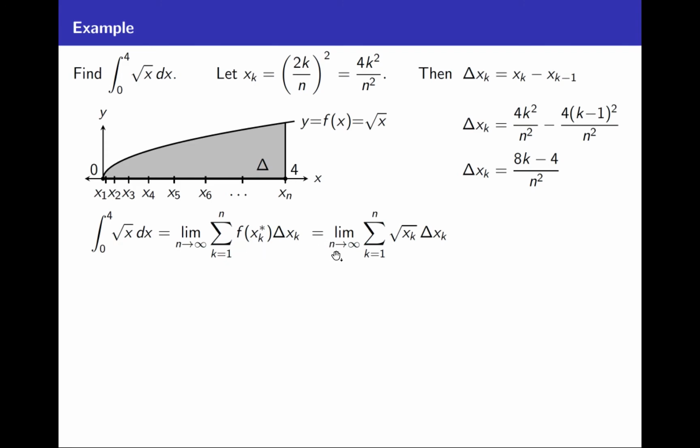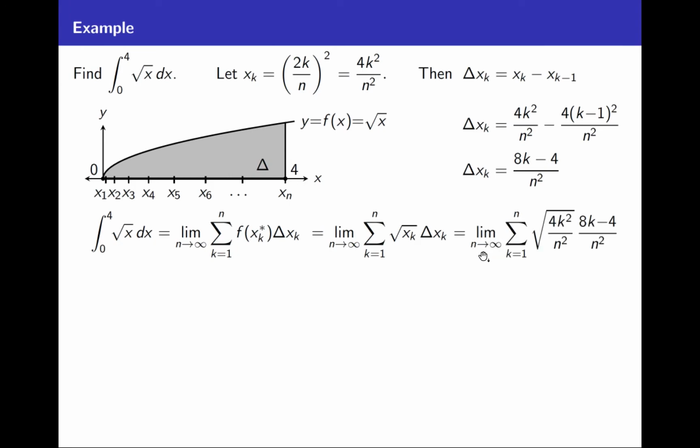This limit becomes the limit as n goes to infinity of the sum from k equals 1 to n of just f of x sub k, and f is the square root, so that's the square root of x sub k, and then times delta x sub k. Next, let's plug in what x sub k is. And remember, we configured it to be a perfect square.